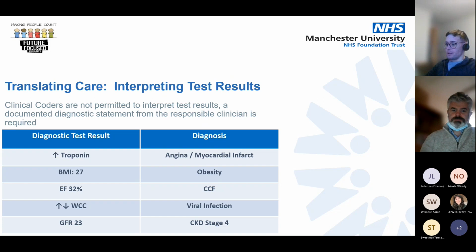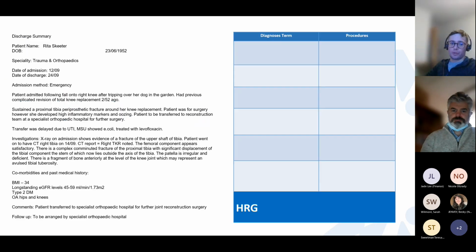And to labour the point a little bit, we'll do another case study of exactly what I've been speaking about in the last few slides, about that information being there and the impact it can have. So this is a lady who fell over the dog in the garden, and she fractured. She recently had a knee replacement, and she had a fracture periprosthetic to that knee replacement.